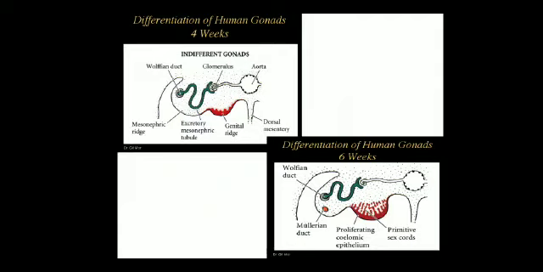See, the bipotential gland originates from the genital ridge, and it has a cortex, a medulla, and the primordial germ cells. So at about the 6th week, if it is a male, what will happen?